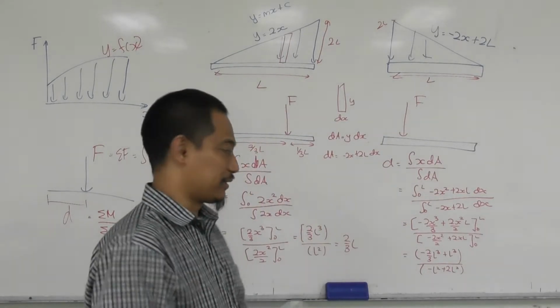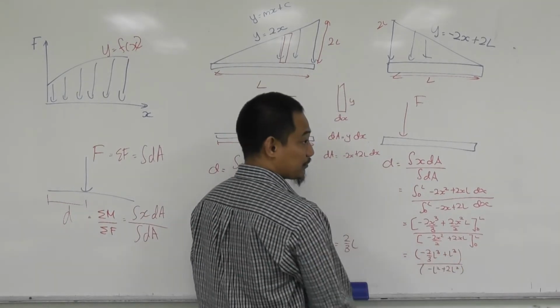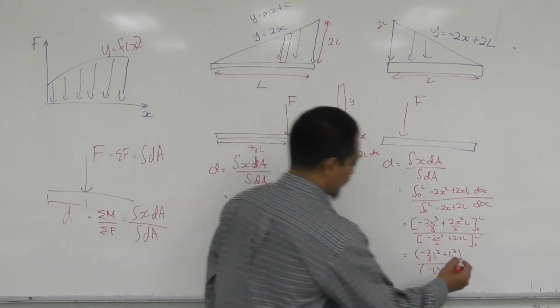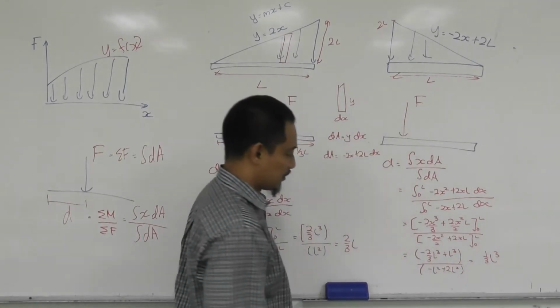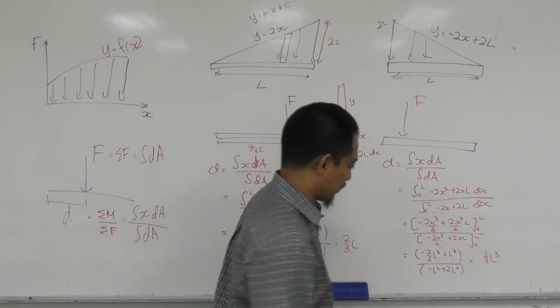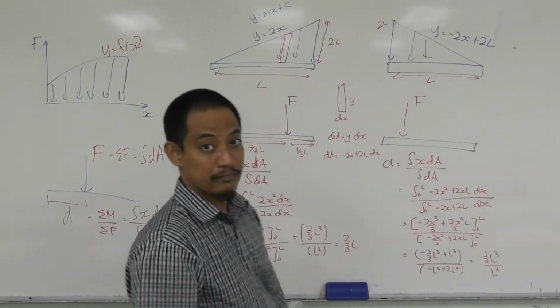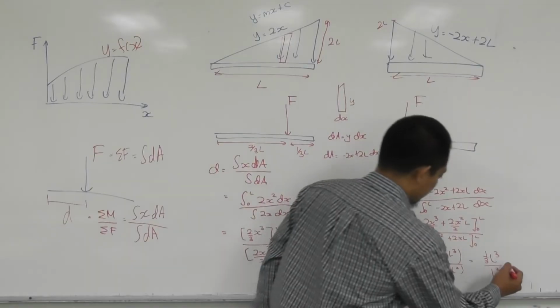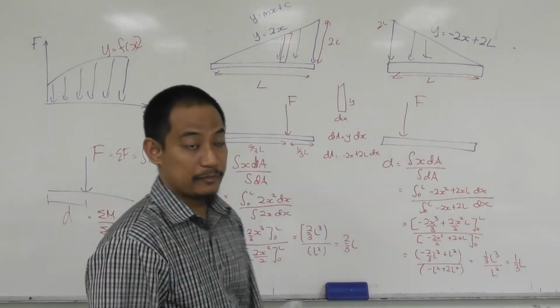Right, it will be something like that. Minus 2 over 3 plus 3 over 3 becomes 1 over 3 L cubed. And 2L squared minus L squared becomes L squared. If you divide this, you get 1 over 3 L.